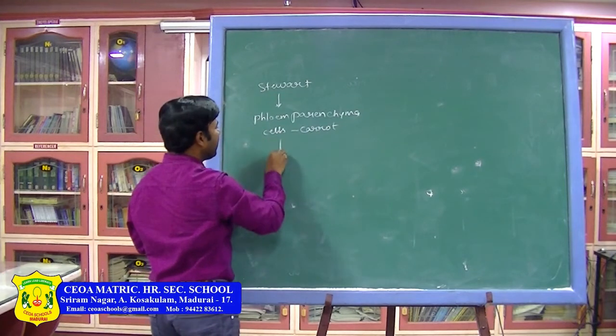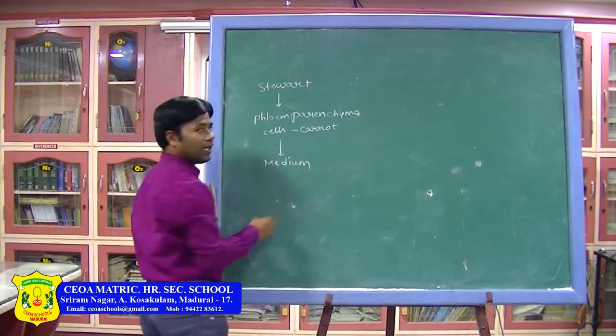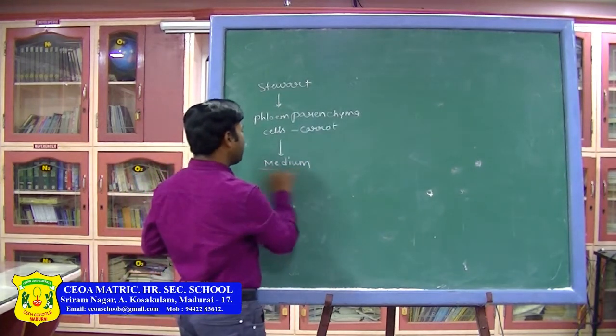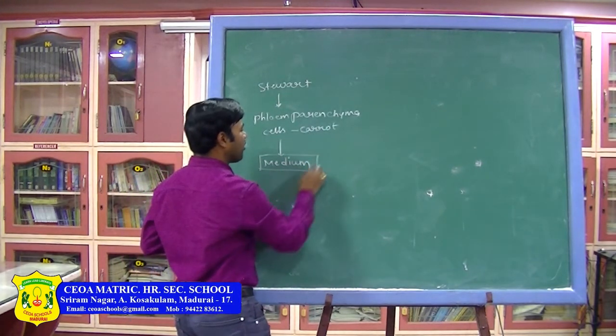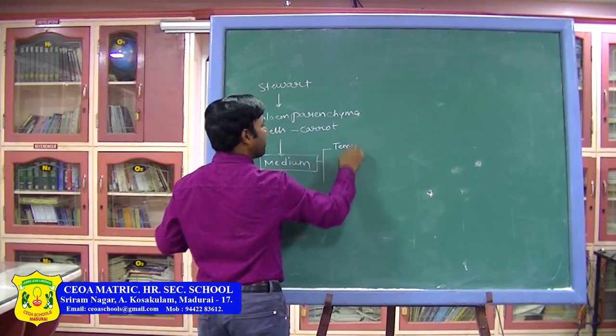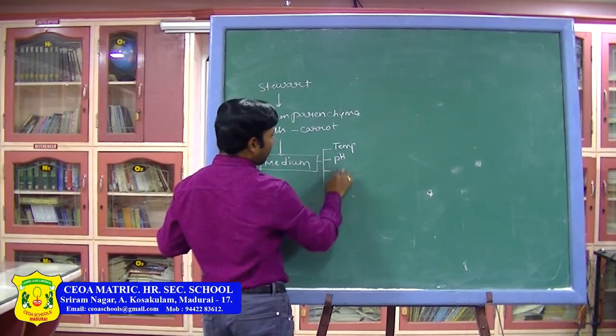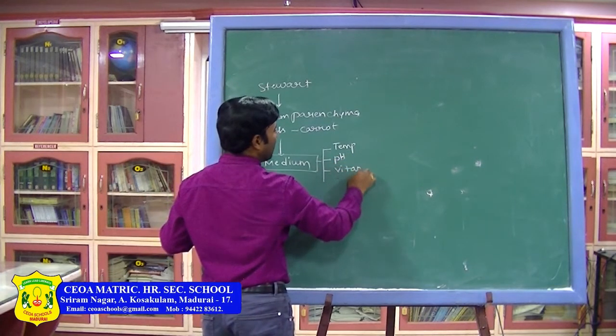Then it is grown in a medium. What does the medium consist of? The medium means proper temperature and pH will be maintained, and vitamins will be given.